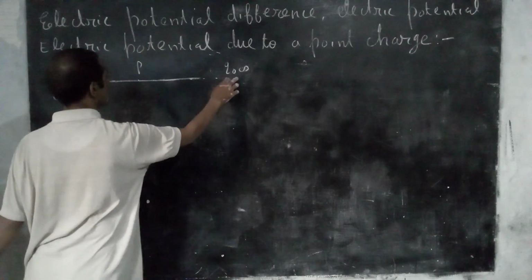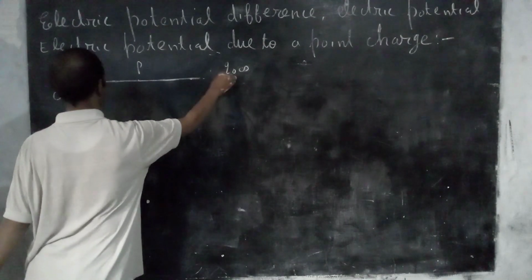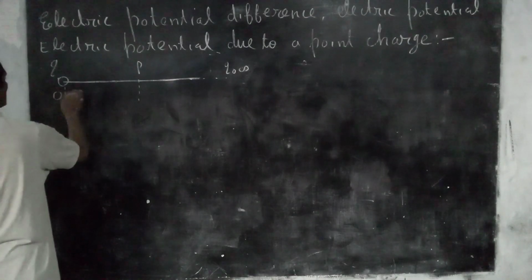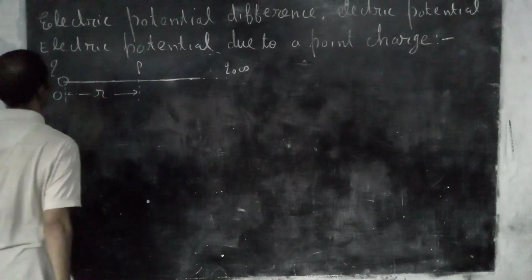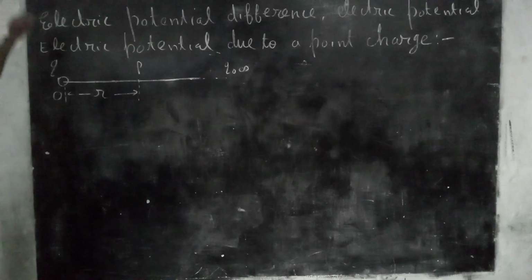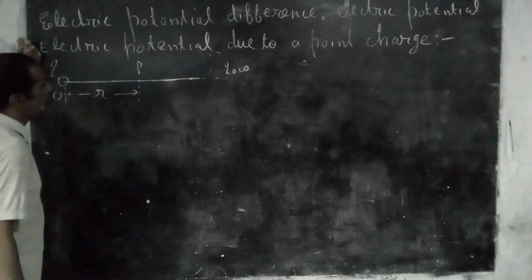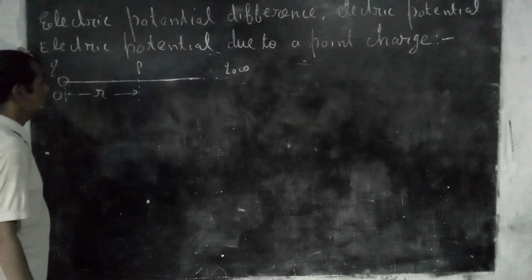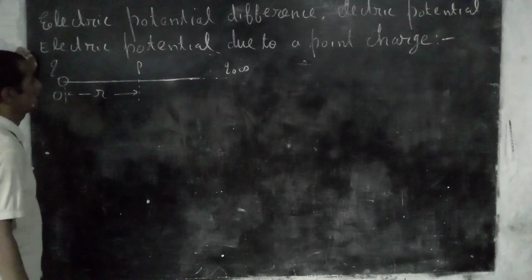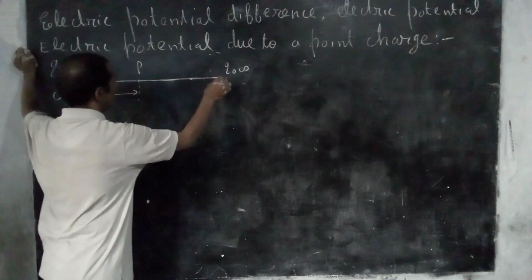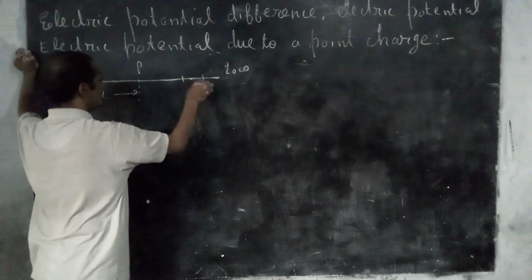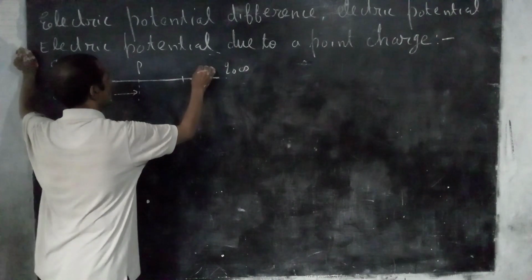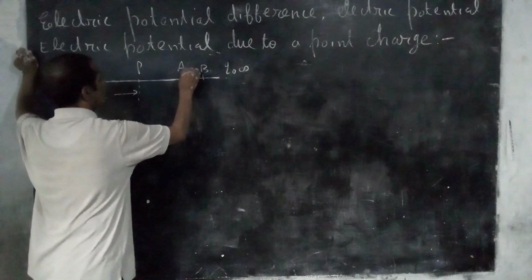So this is your infinite, and this charge Q0 is brought from infinite to point P. This point P is a distance r from the given charge Q. To find electric potential at point P, we need the work required to bring charge Q0 from infinite to point P. So we break the distance between infinite and point P into a small number of distances ds.